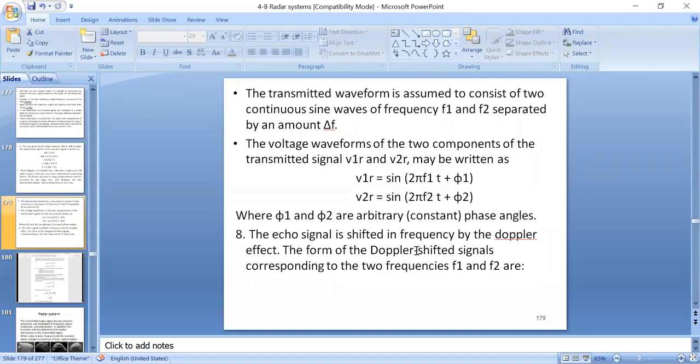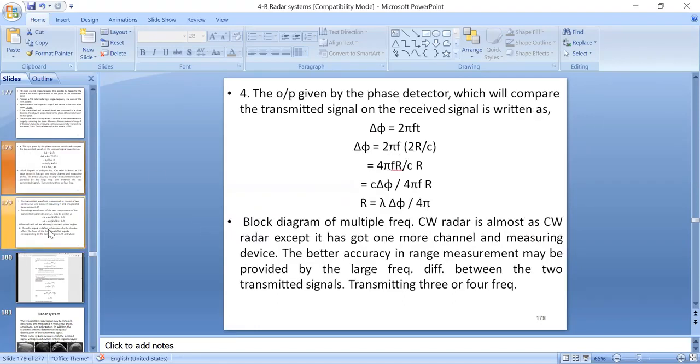So the echo signal is shifted in frequency by the Doppler shift, and these are also used to detect moving targets, right? Whenever these signals hit a moving target, obviously there is a shift in frequency called Doppler shift. So see here, the Doppler shift is indicated.